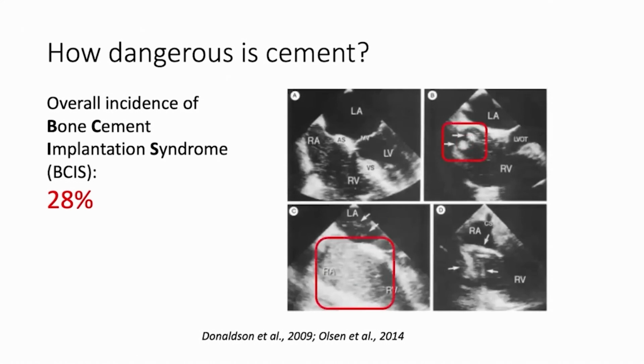And you all have seen these slightly alarming pictures taken by echocardiography, by ultrasound investigation during cementation. You can see those emboli passing the right ventricle or the right atrium going right into the lung perfusion system. So this is, of course, a dangerous moment, and I'll tell you how to minimize the risks associated with it.